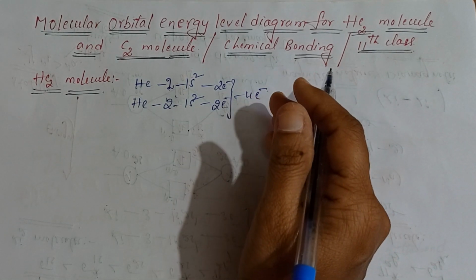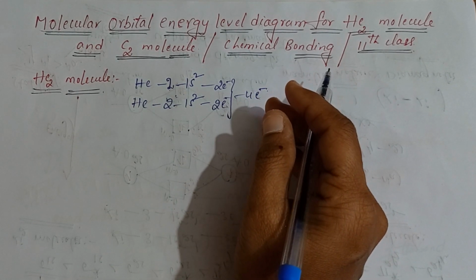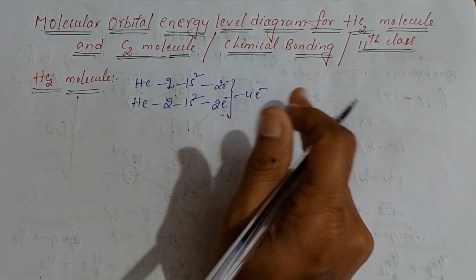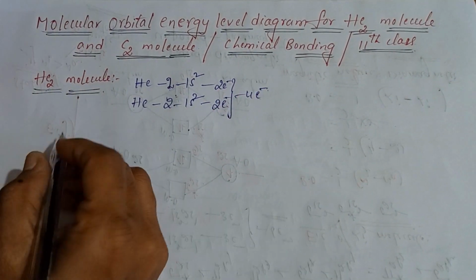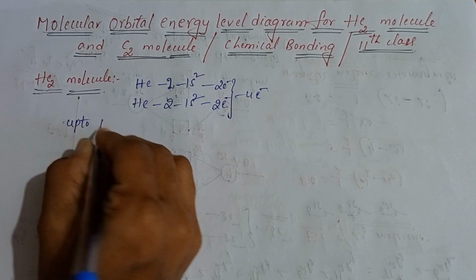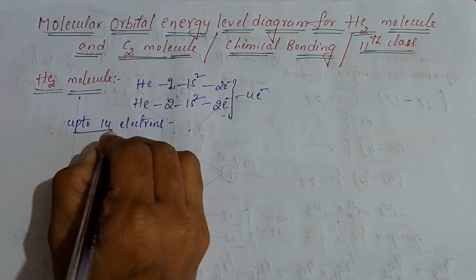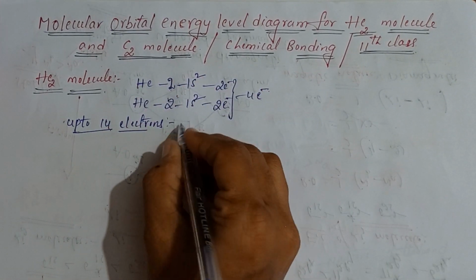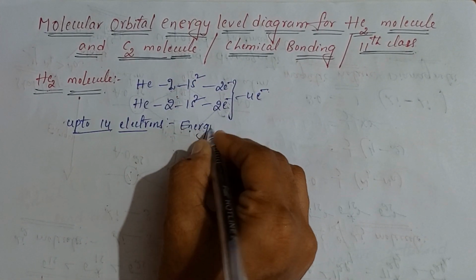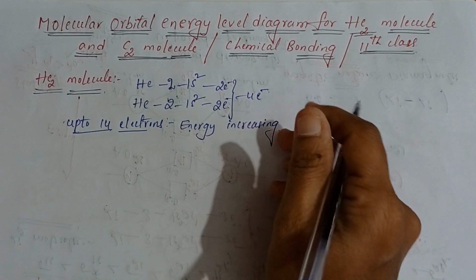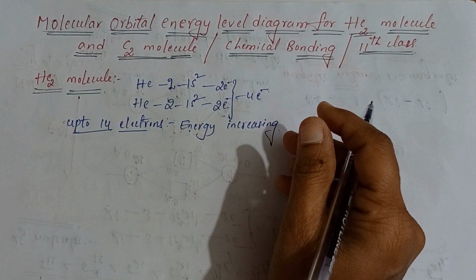So for up to 14 electrons, what is the electronic configuration, students? We have to follow the up to 14 electrons electronic configuration. What is the energy increasing order? In last classes I gave you two energy increasing orders, for up to 14 electrons and after 14 electrons.